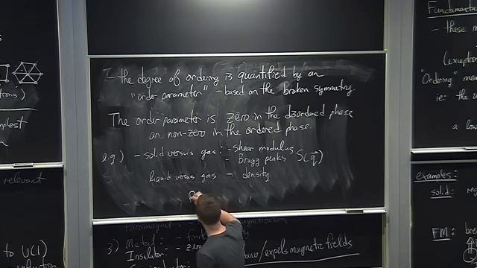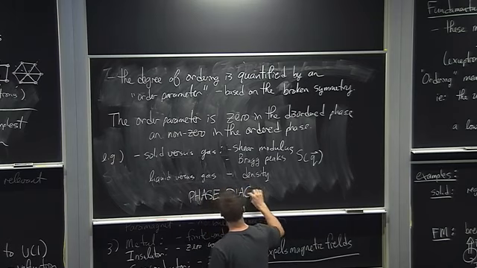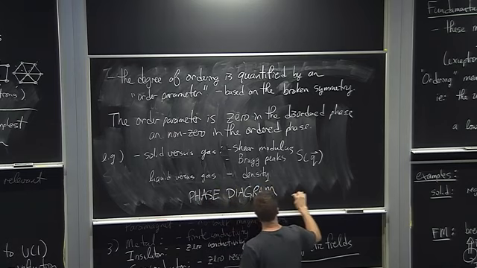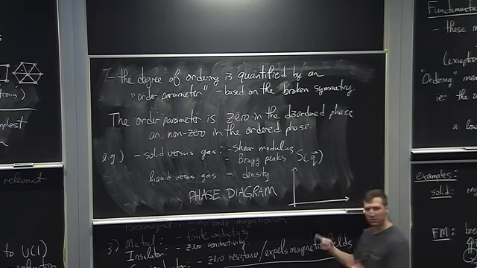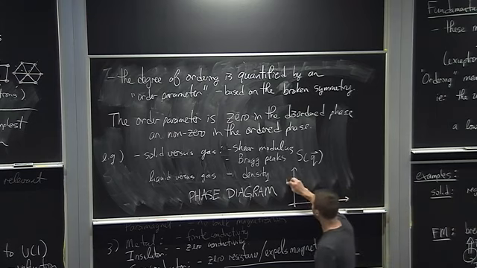So just in this example, when I say phase diagram, I can imagine something that has some tuning parameters, maybe something we can tune experimentally, like pressure and temperature.